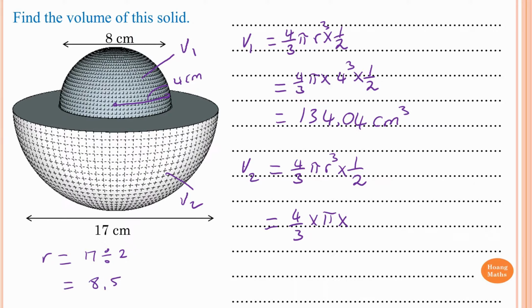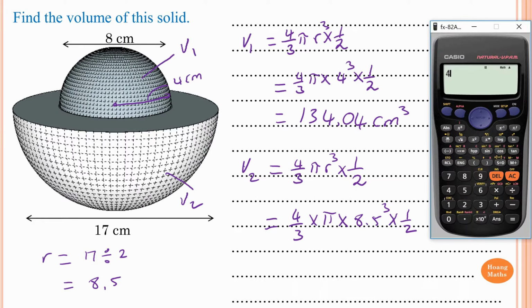R cubed is 8.5 cubed and times by a half. So now I just put this in a calculator. So 4 over 3 and times by pi, shift pi, and times by 8.5 cubed and times by 1 over 2. There you go. So which is 1286.22.